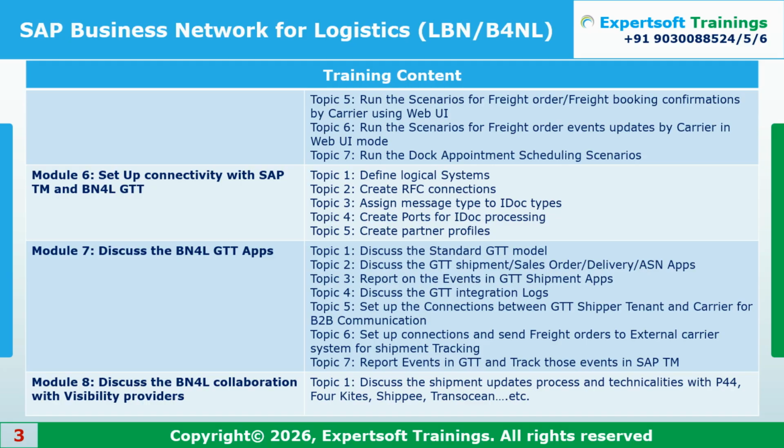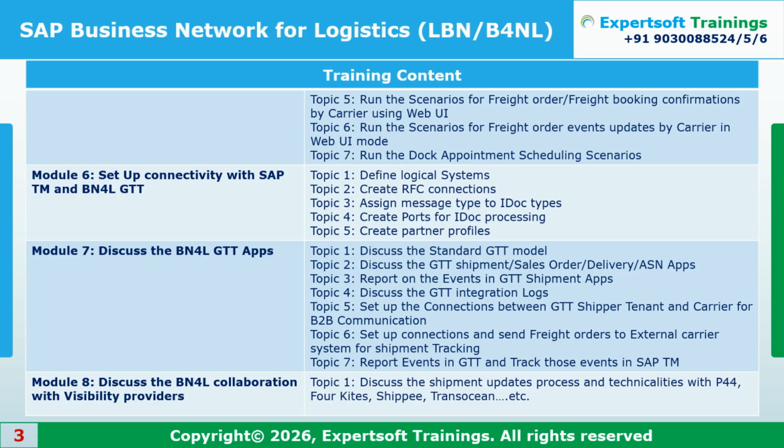IDocs will also be created, IDoc mapping, port definitions, and partner profiles creation. These are very crucial and important topics, configuration we must do for GTT. And then for GTT, we have some specific apps which are used by the shipper and the carrier also, and some specific configuration we also need to do.